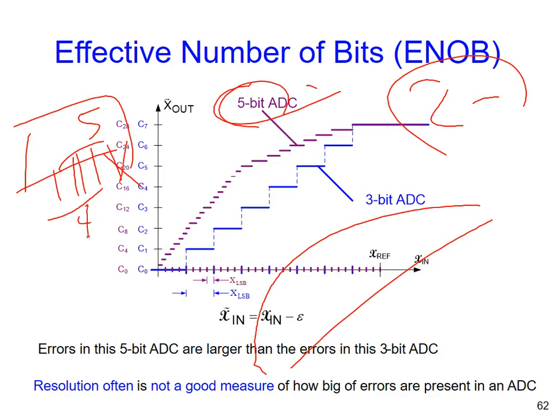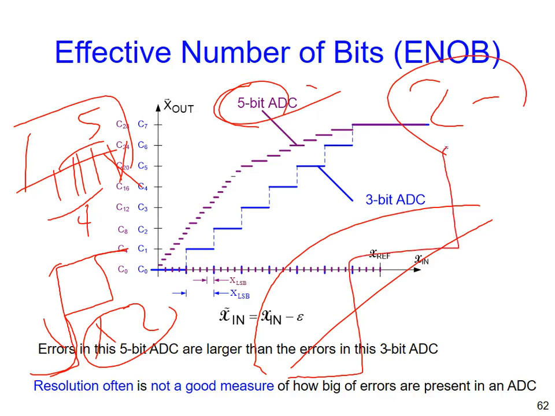What is the consequence? You omit 1 bit. It means the LSB is amplified by 2, because I lose 1 bit. So the staircase will be enlarged by 2. Originally, you have this one and that one, but I just let them go.